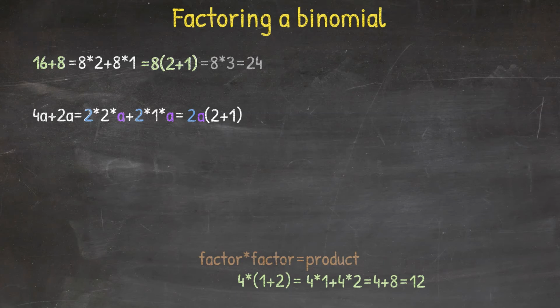To check if we did a good job, we can reverse and multiply 2a times 2 plus 2a times 1, and we will get exactly the same as what we see in the preceding step. We successfully factored the binomial 4a plus 2a, and in the factored form, it is 2a times (2 plus 1).